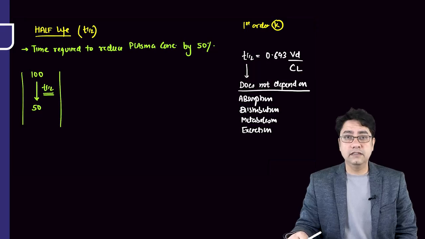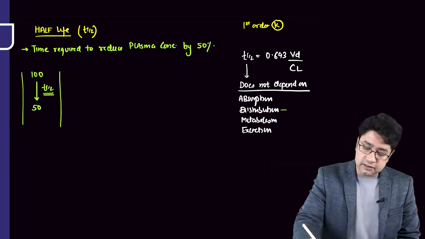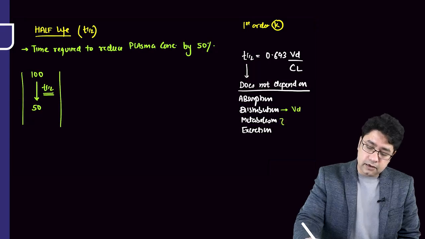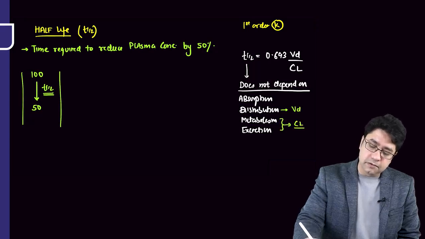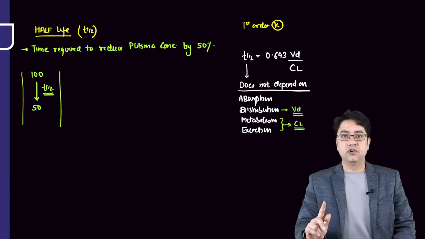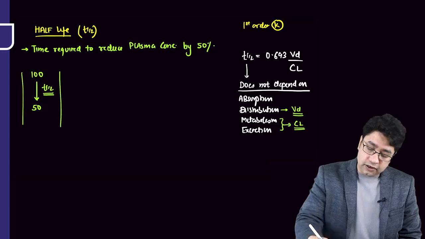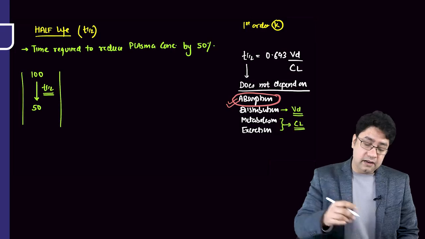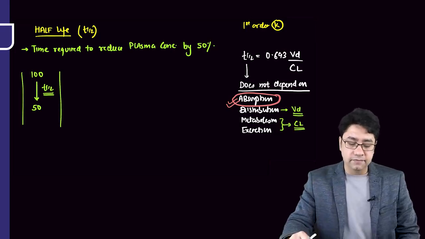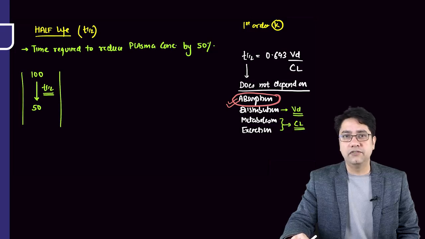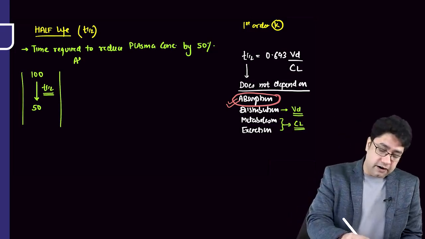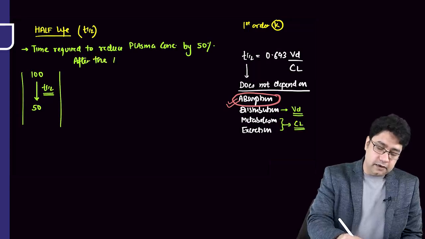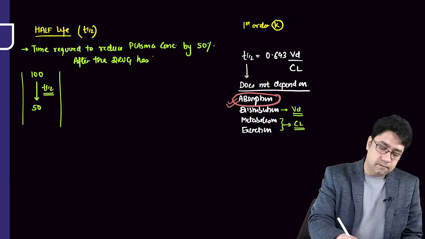Can you think about the reason? Remember, in distribution, we discussed about volume of distribution. In metabolism and excretion, we discussed about clearance capacity. So, half-life of a drug does not depend upon absorption. And now, let's complete the definition of half-life. Half-life is the time required to reduce plasma concentration of a drug by 50% after the drug has been completely absorbed.